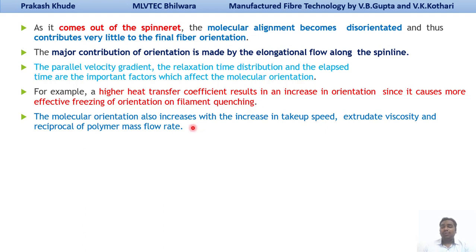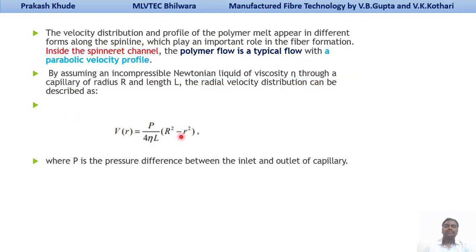Molecular orientation also increases with increasing take-up speed. As we increase the take-up speed, the molecules are oriented in the direction of the fiber, and the orientation can also be increased by increasing the extrusion velocity and the reciprocal of the polymer mass flow rate.